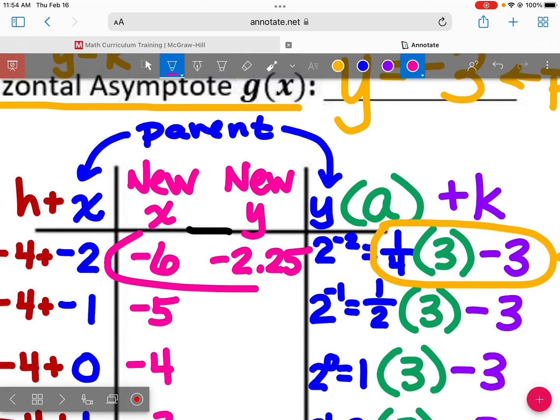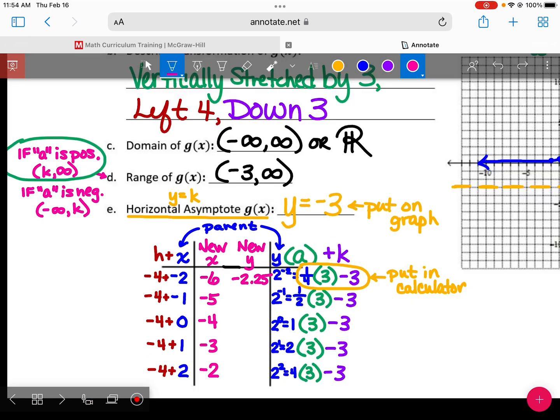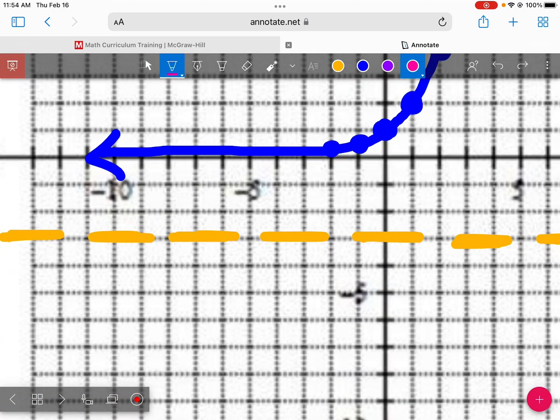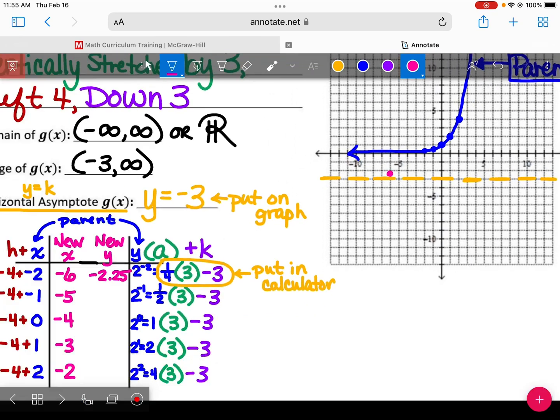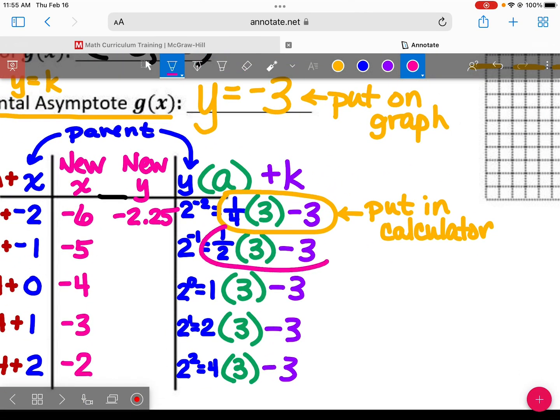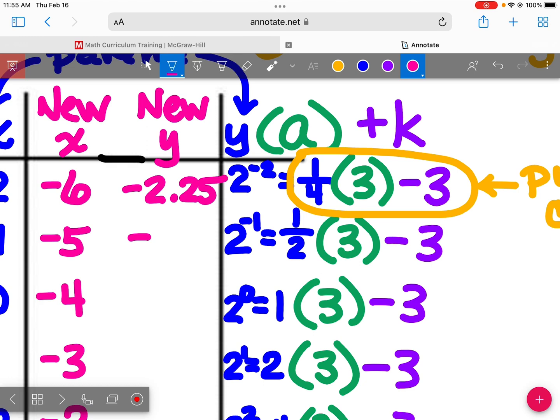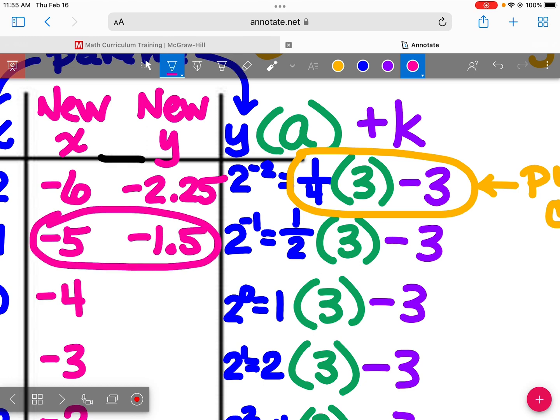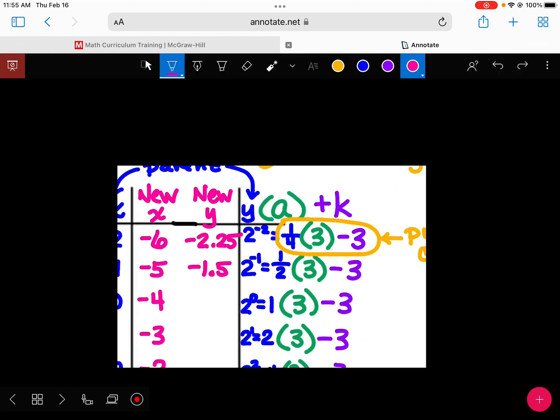So I'm going to plot this point right here. Negative 6, negative 2.25. Right about here. What about when we put this next one in the calculator? 1/2, parentheses 3, and then minus 3. Negative 1.5. So I'm going to plot this point right here. Negative 5, negative 1.5.